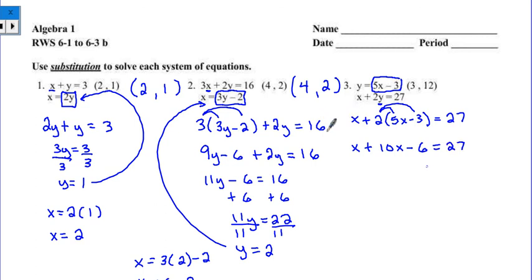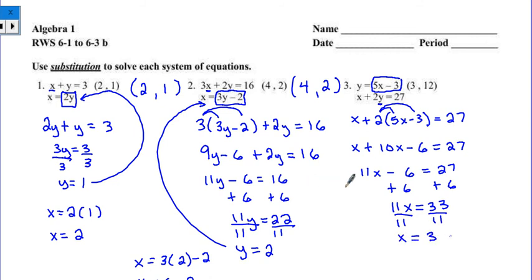You're going to combine your like terms. Your like terms are going to be 11x minus 6 equals 27. You're going to add 6. That's going to make it 11x is equal to 33. Divide both sides by 11, and x equals 3.